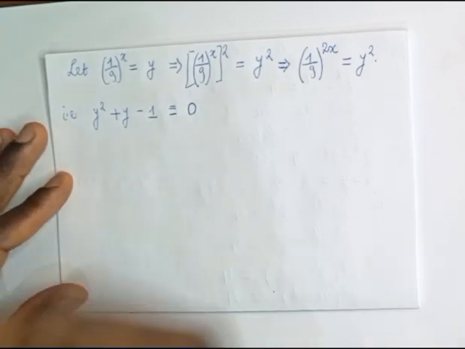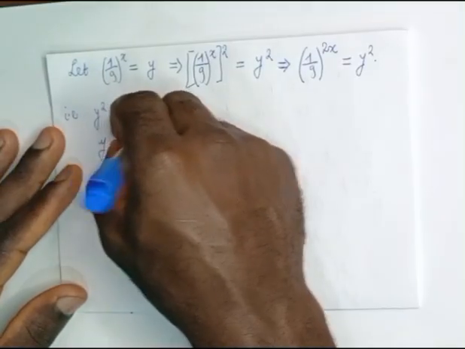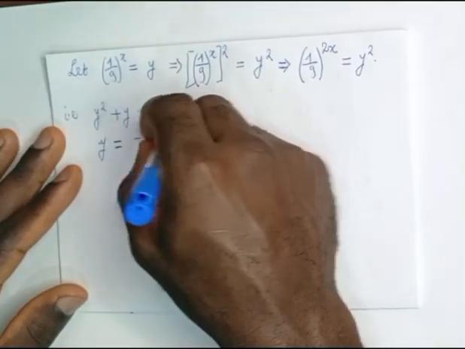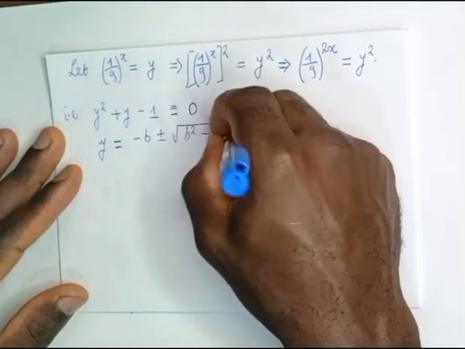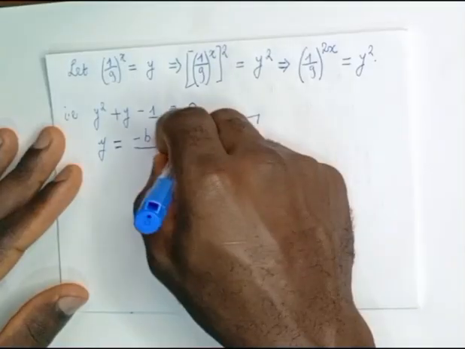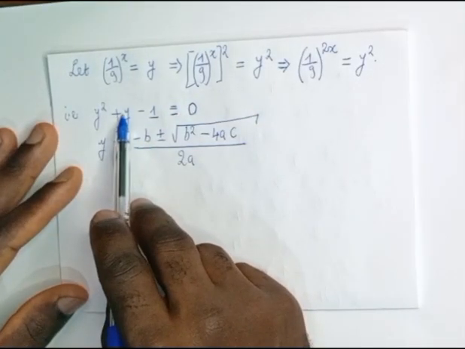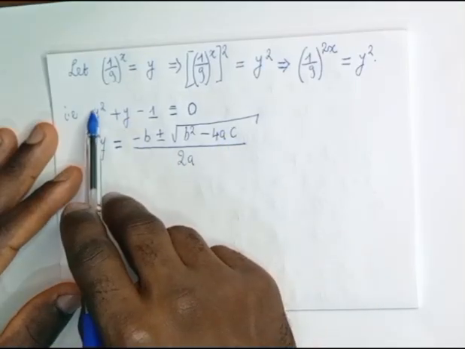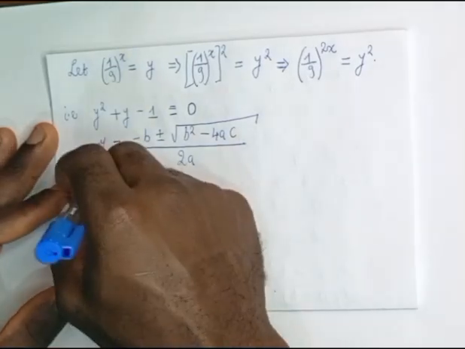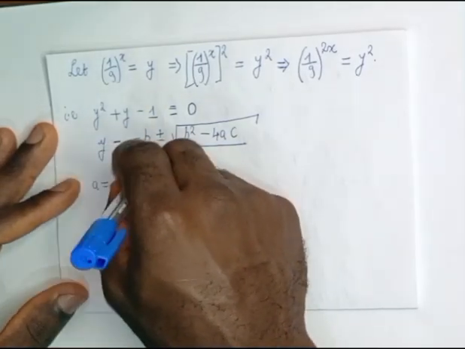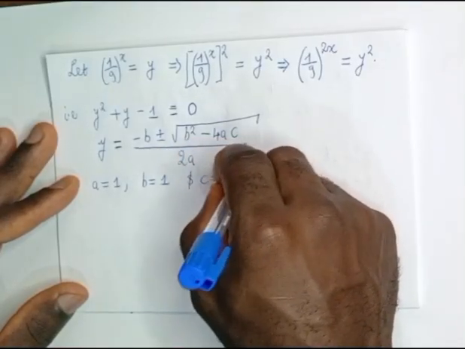And the quadratic formula says that our y will simply be equal to negative b plus or minus the square root of b squared minus 4ac, we divide all this by 2a, where b is the coefficient of y, a is the coefficient of y squared, and c is the constant term. We have a as 1, b as 1, and c as negative 1.